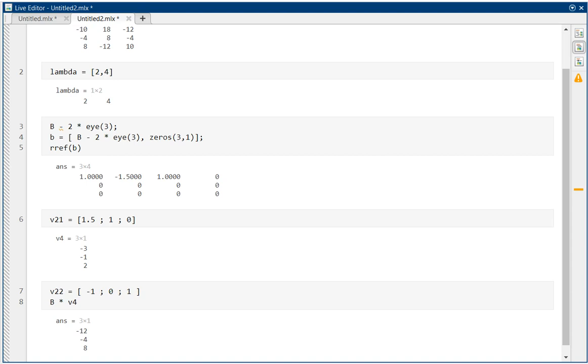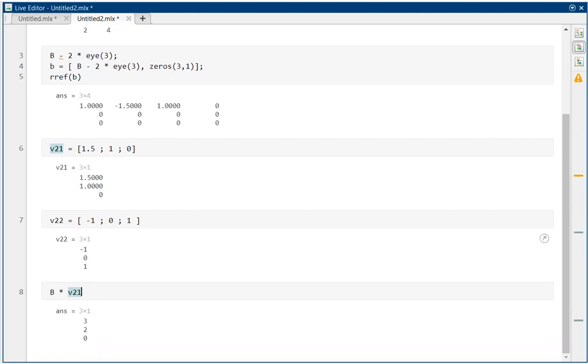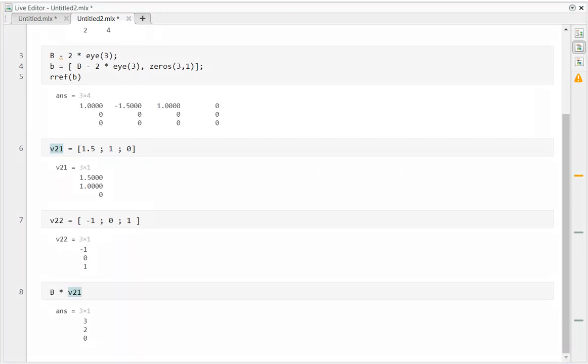Now let me try multiplying v sub 2,1. Boom. You'll see that it should be this times 2. 2 times 1.5 is 3, and 2 times 1 is 2.